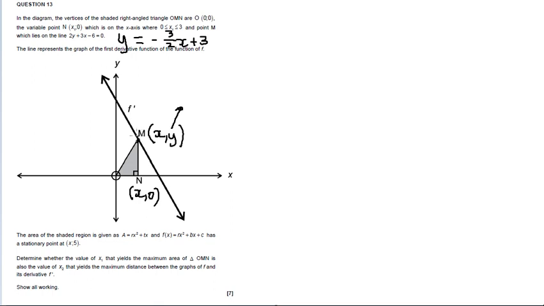So the first thing we're going to do is work out the x value, and I'm going to call that x1. That gives us a maximum area for triangle OMN. So recall, the area for a triangle is half base times the perpendicular height.